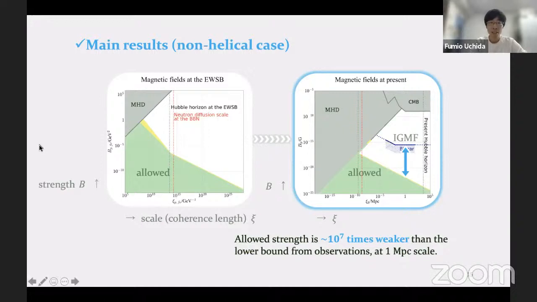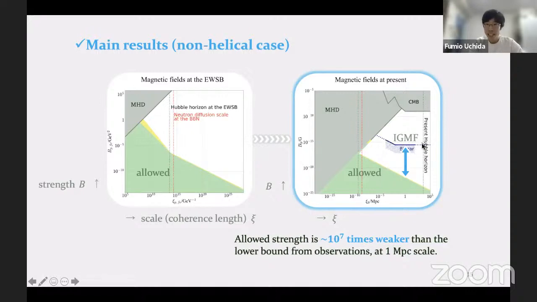Anyway, if we reinterpret this figure in terms of the present strengths and scales, what we can conclude is that the allowed strength is far below the observationally suggested lower bound.